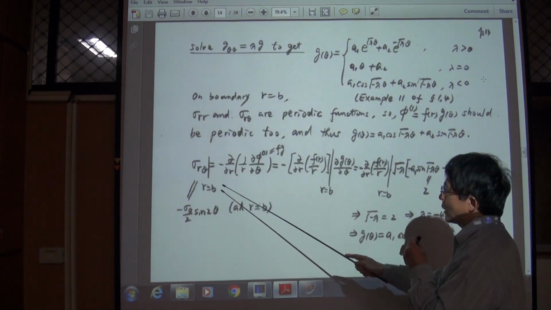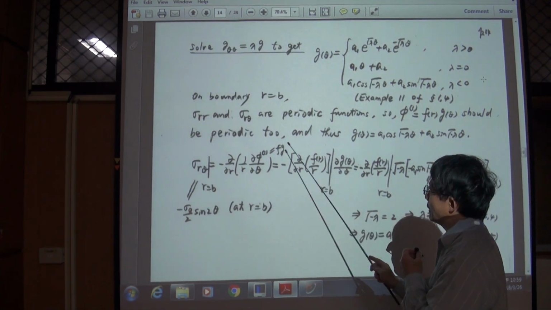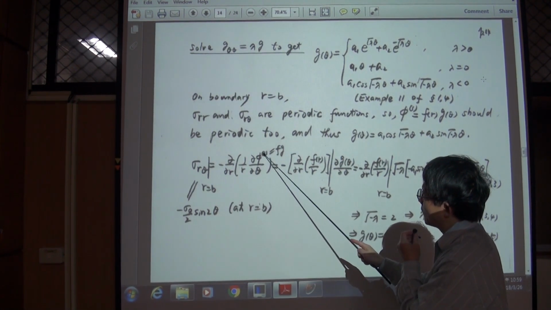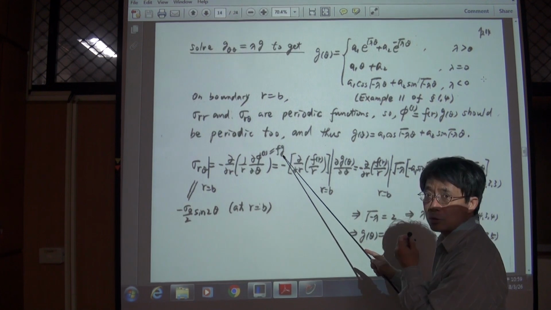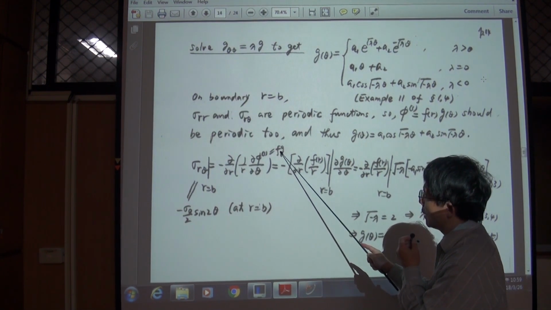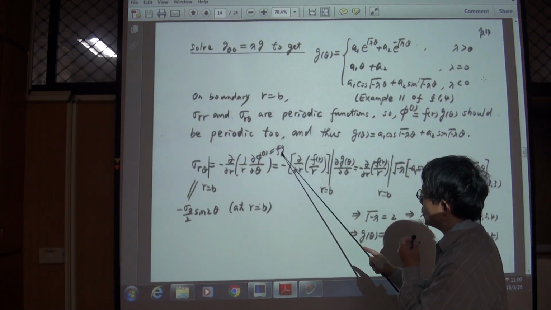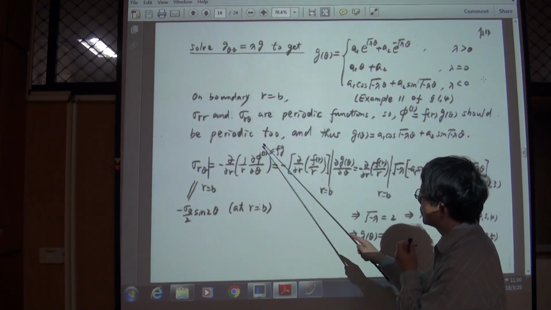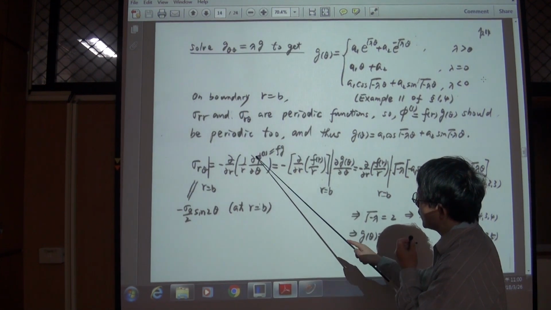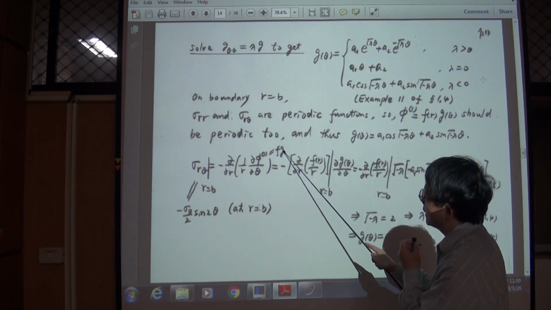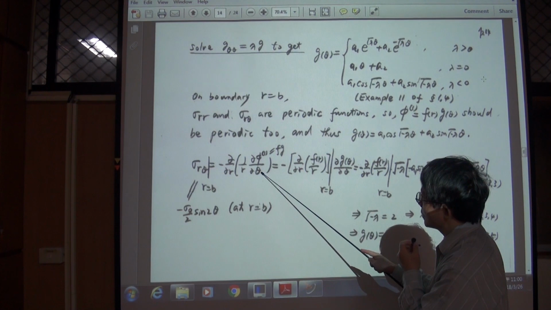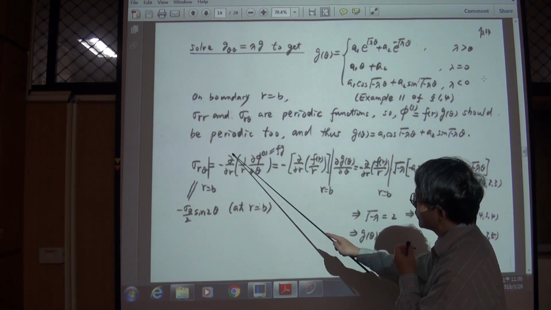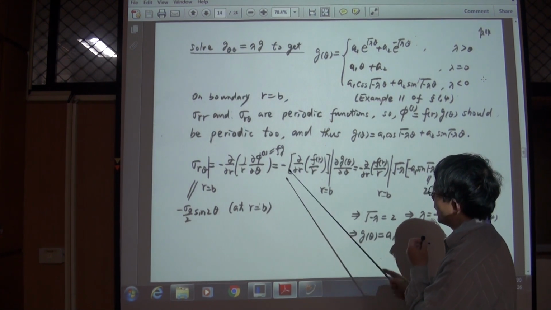So the boundary condition here is like this, and then we have this formula. Now phi bracket 1 is the product of f and little g. We perform the differentiation with respect to theta operating on g, and the differentiation with respect to r operating on f.